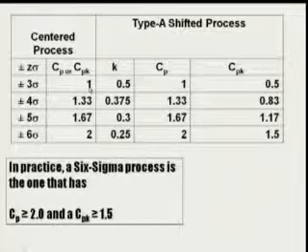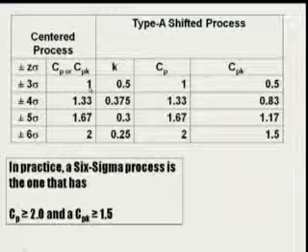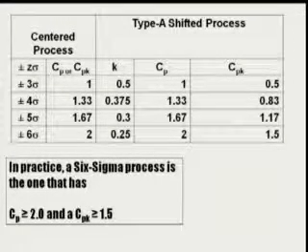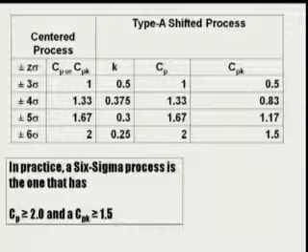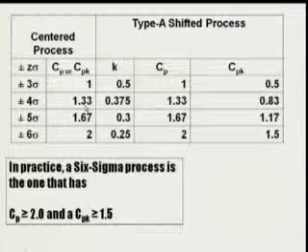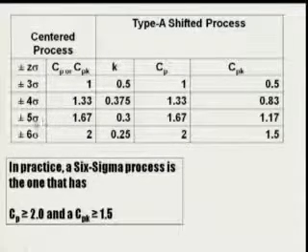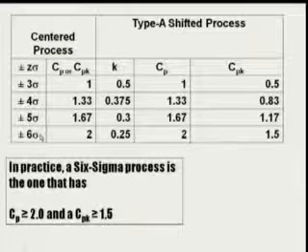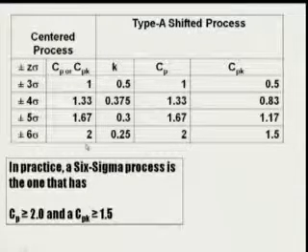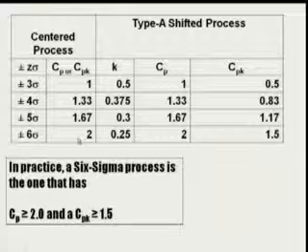Of course, the CPK is no concept here, because the CP and the CPK will be the same for a centered process as we mentioned before. At 4 sigma, we will have a CP of 1.33. At 5 sigma, 1.67. And at 6 sigma, we will have 2. That is something we have to strive for.